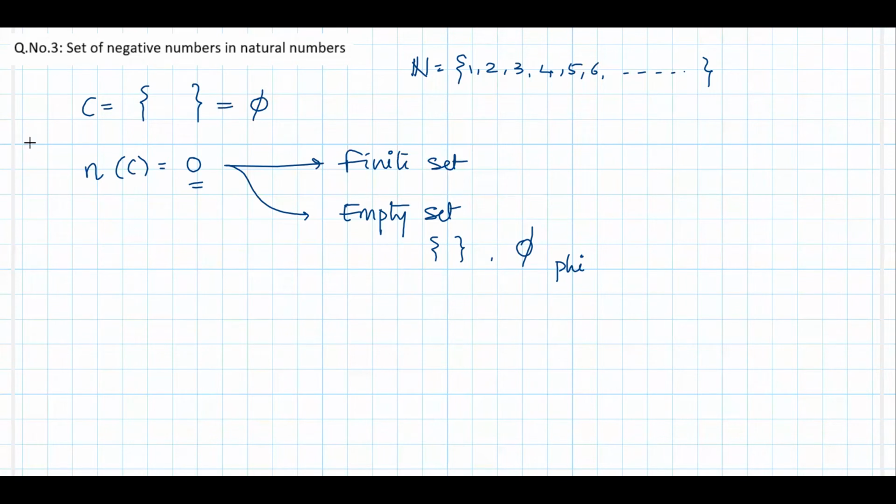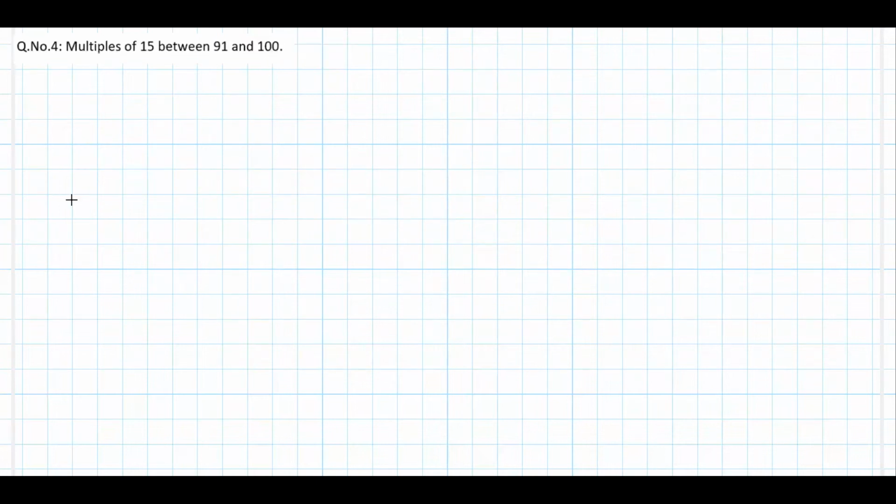Right? The next question. Multiples of 15 between 91 and 100. Okay. So what are the multiples of 15? 15, 30, 45, 60, 75, 90, 105, 120, and it keeps going. Now our focus is in between 91 and 100. Are there any elements between 91 and 100 belonging to these multiples?